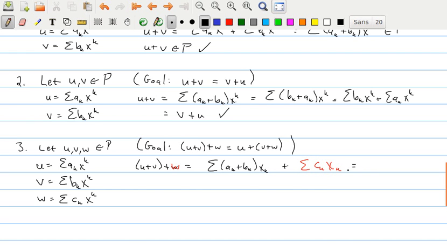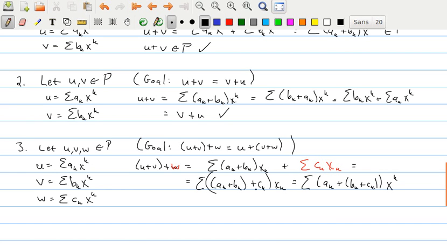And now we can combine like terms here, and this will give us the sum of ak plus bk plus ck x to the k. And now since addition of real numbers is associative, we can shuffle the parentheses inside this sum as ak plus bk plus ck x to the k.